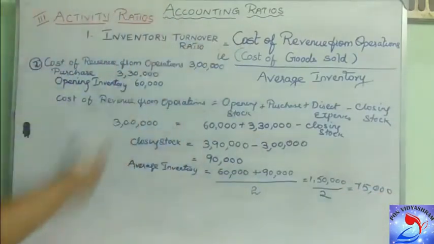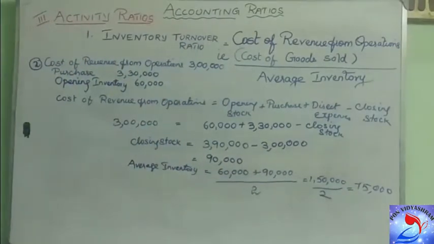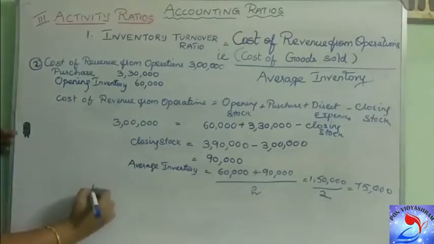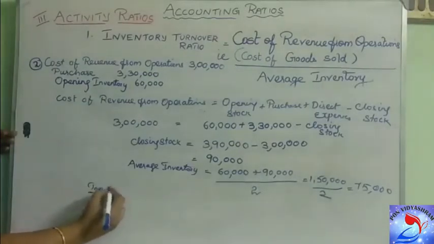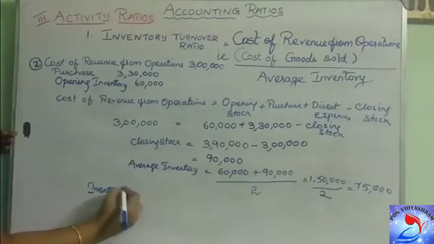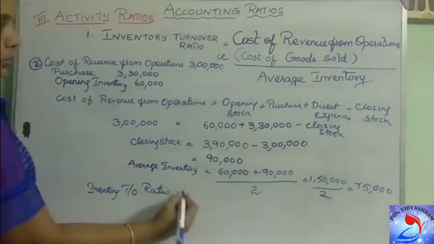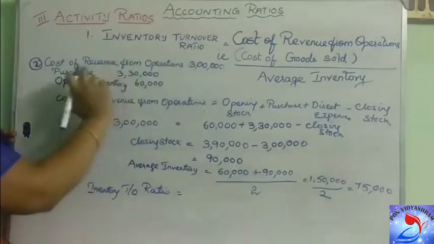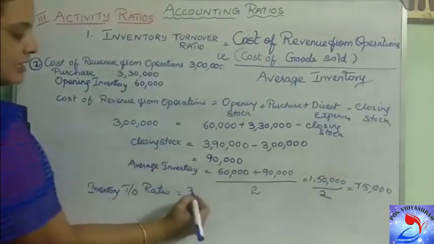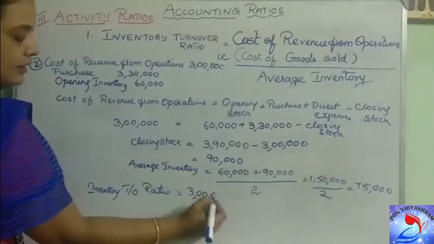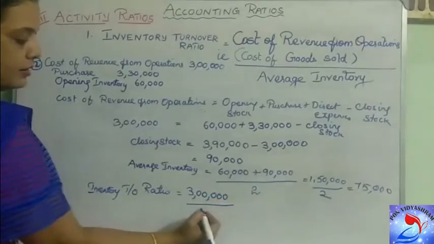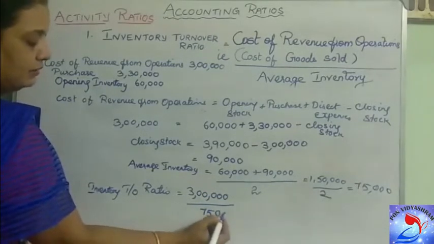Now you can apply the inventory turnover ratio. In inventory turnover ratio, it is cost of goods sold, what is the cost of revenue from operation, that is 3 lakh, divided by 75,000.